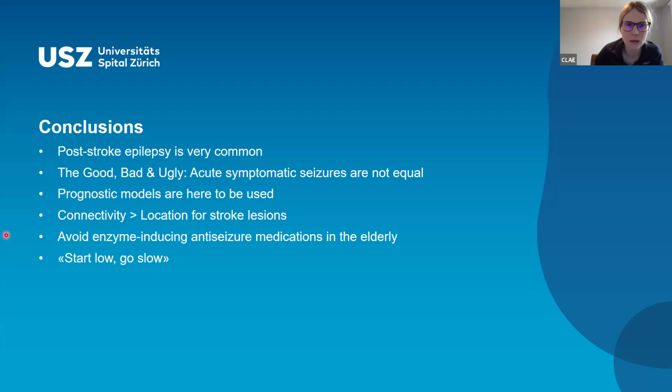Right. Paula Marquez, who's an adult epileptologist, is asking, any studies on status epilepticus and which medications you would use in stroke? Well, there's really no evidence regarding this. I think there's very little evidence regarding particularly non-convulsive status epilepticus. If you have convulsive status epilepticus, obviously you have a couple of really good randomized controlled trials. So at least in Switzerland, we tend nowadays to use levetiracetam quite a lot because it's very easy to administer.